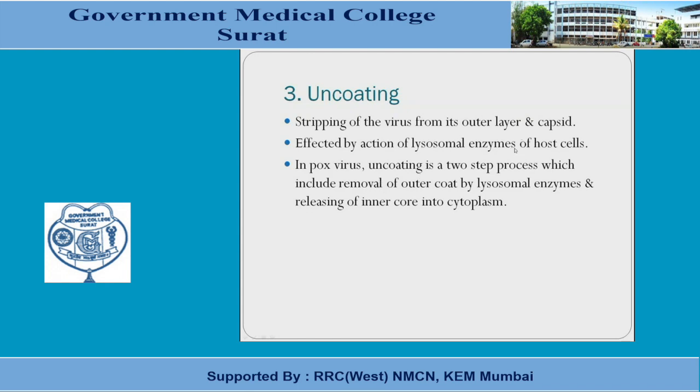In pox virus, uncoating is a two-step process, which includes removal of the outer coat by lysosomal enzymes and release of the inner core into the cytoplasm. So in pox virus there is a different inner step of uncoating.